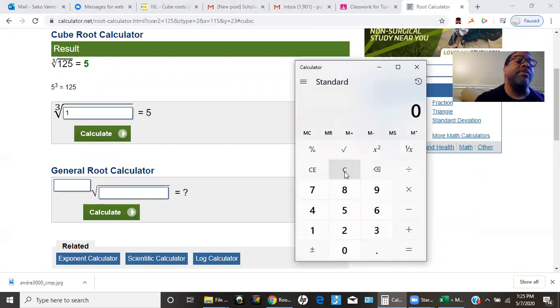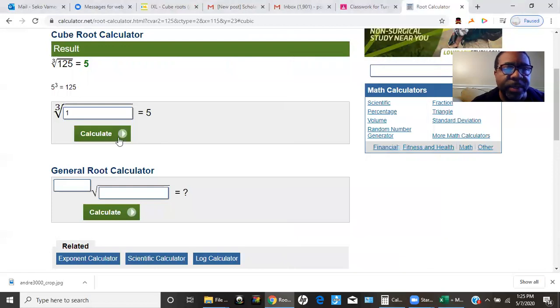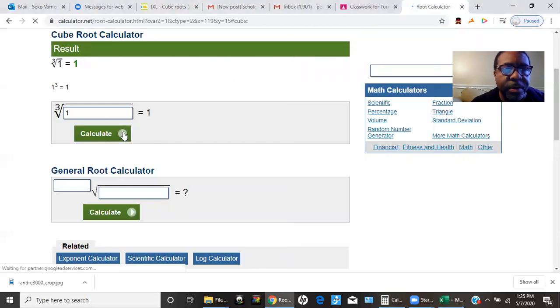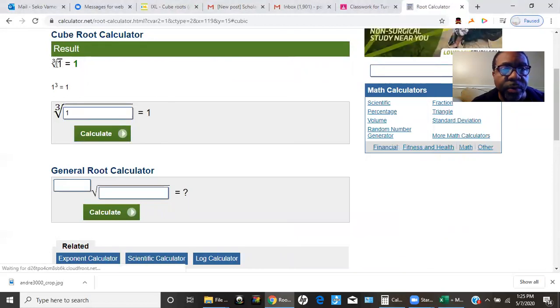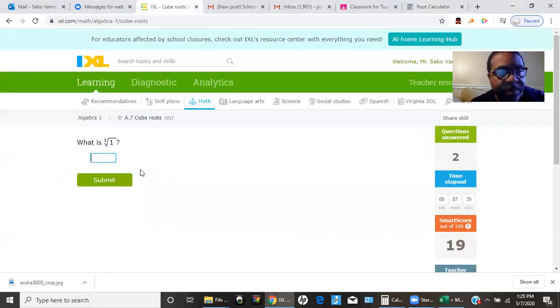So 1 times itself times itself times itself is 1. 1 times 1 times 1, which is a cube, is 1. Oh, so let's see if we come up with the same answer. Yep, the cube root of 1 is 1. So come back to IXL. We're going to type in 1, and we're done. Wonderful.